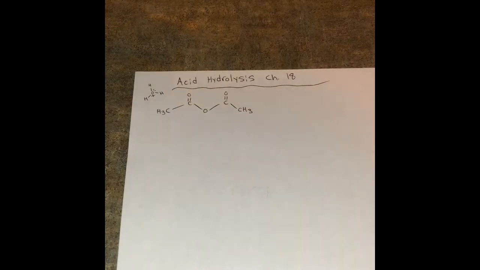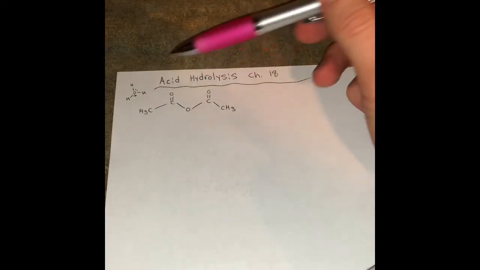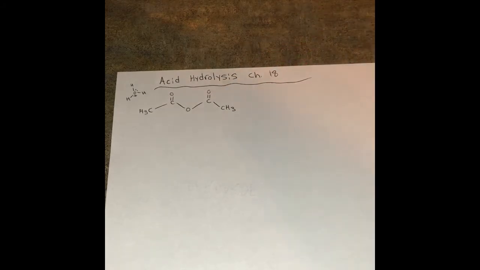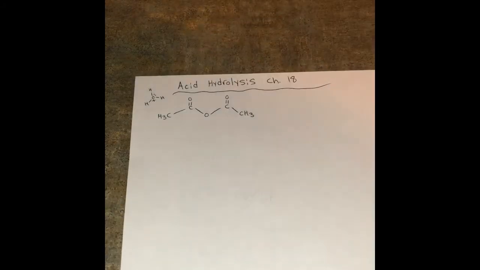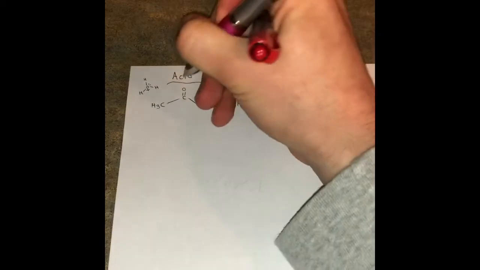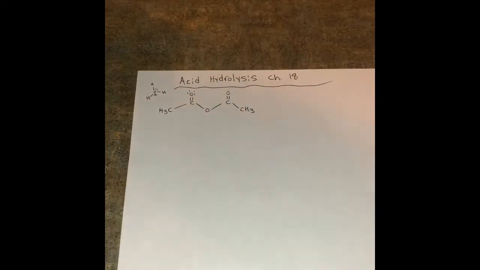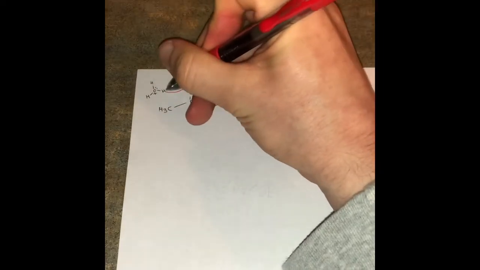Let's do a quick mechanism on acid hydrolysis. So in this type of problem, we're going to need an acid in order to hydrolyze our structure. So in the first step, we're going to take one of these electron pairs on the carbonyl, and we're going to obtain a proton from our acid.